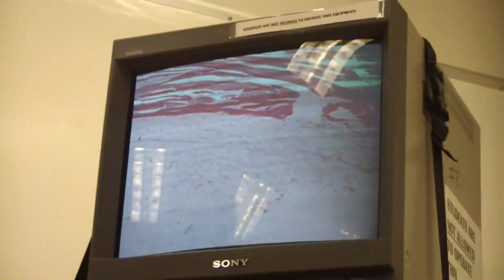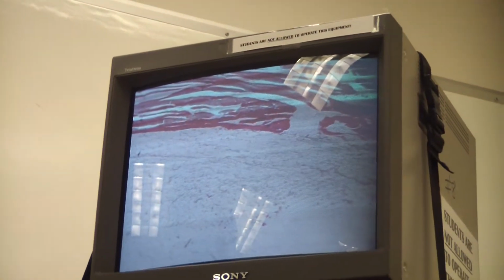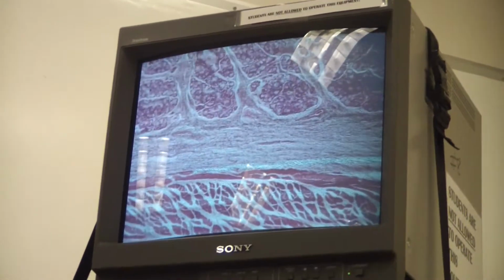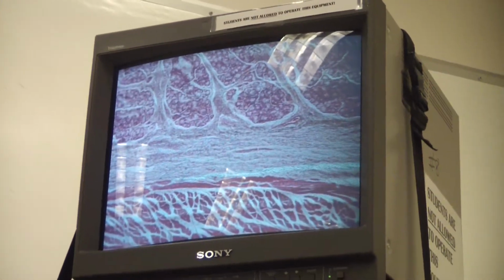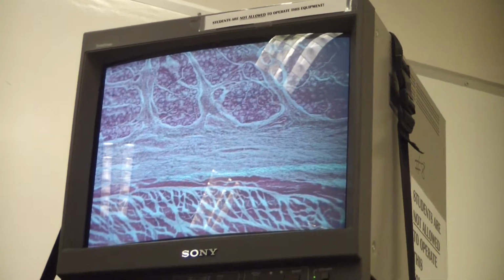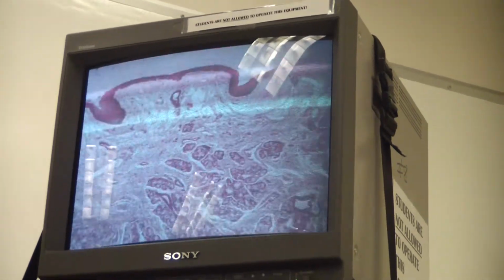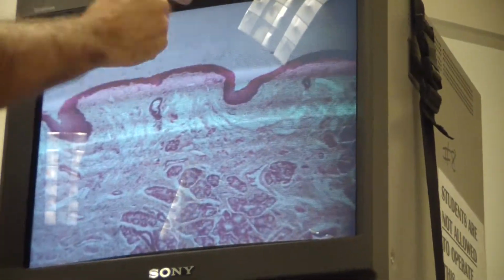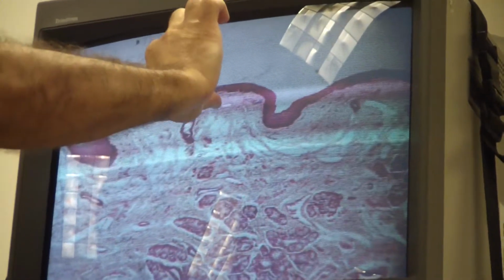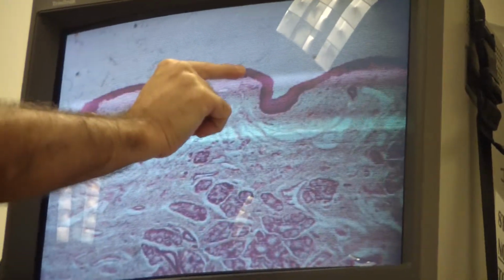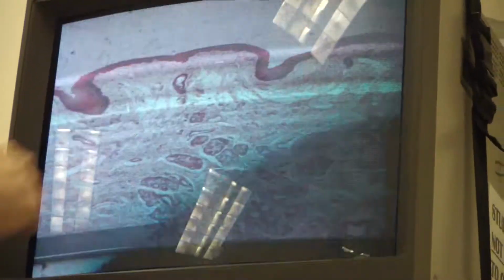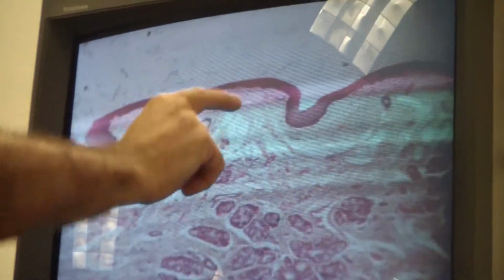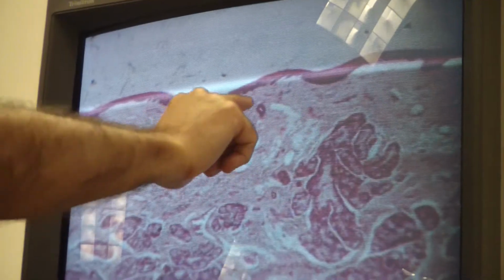One of the things in your handout says, first you need to identify the tunics, the layers. And by looking on scanning, I mean this is on 4, we really do not have to go even to 10 or 40. Here's the lumen right here, where there's nothing. Of course that's where food would be. And this is the mucosa, because here's the epithelium with the muscularis mucosa.